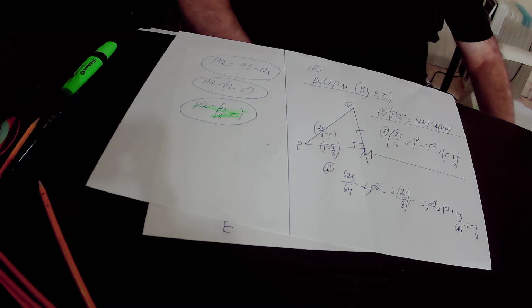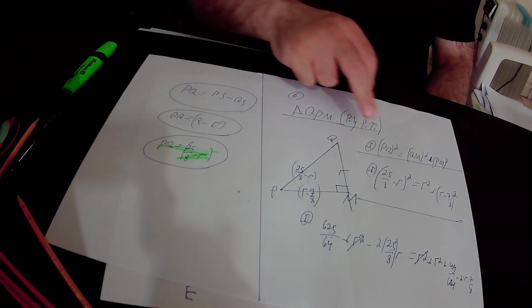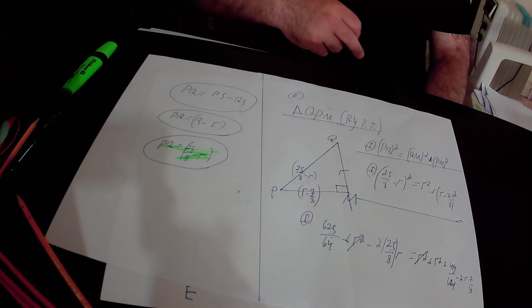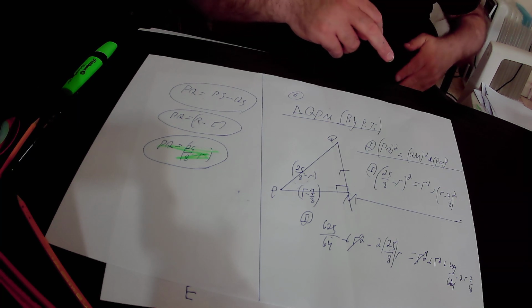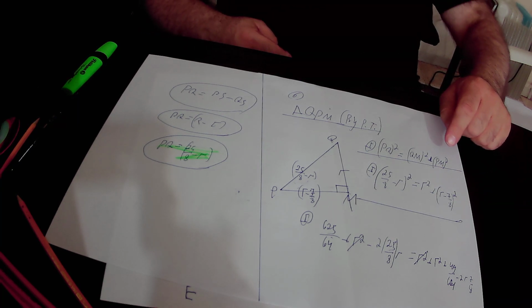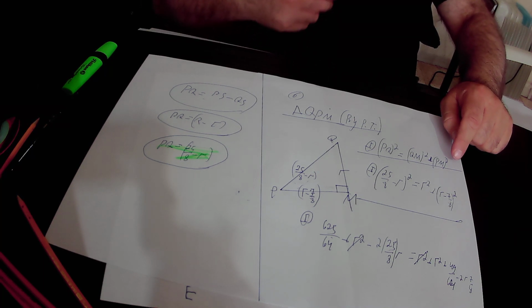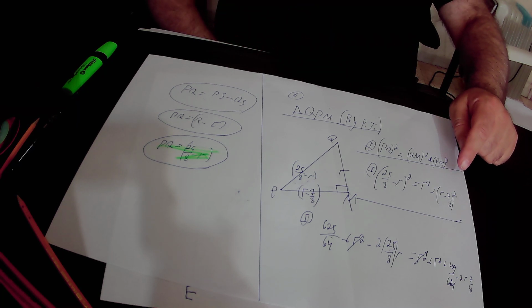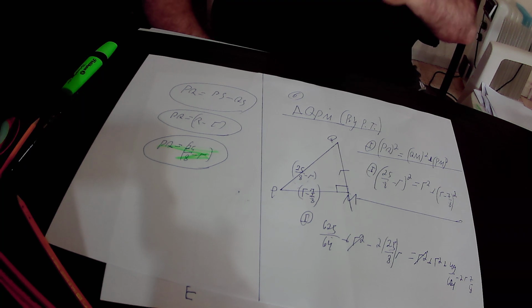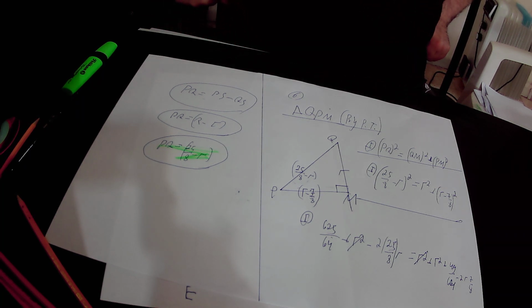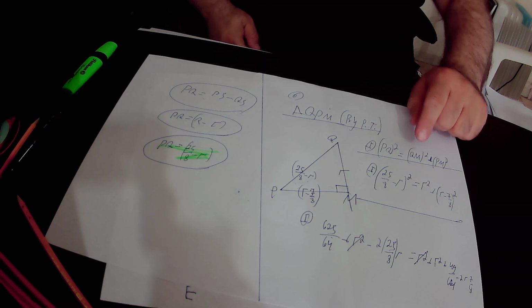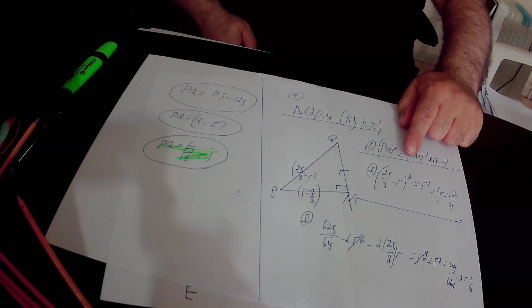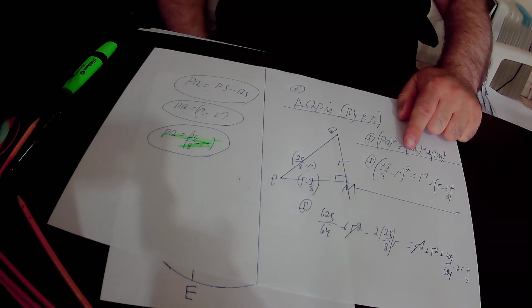So here PQ equals 25 over 8 minus r, so PQ square is (25 over 8 minus r) square, and it is equal to QM square, where QM equals r, so r square, plus PM square. PM equals r minus 7/8, so PM square will be (r minus 7/8) square. We open the brackets on both sides of this equation, equation number 1. Here we have (25 over 8 minus r) square.